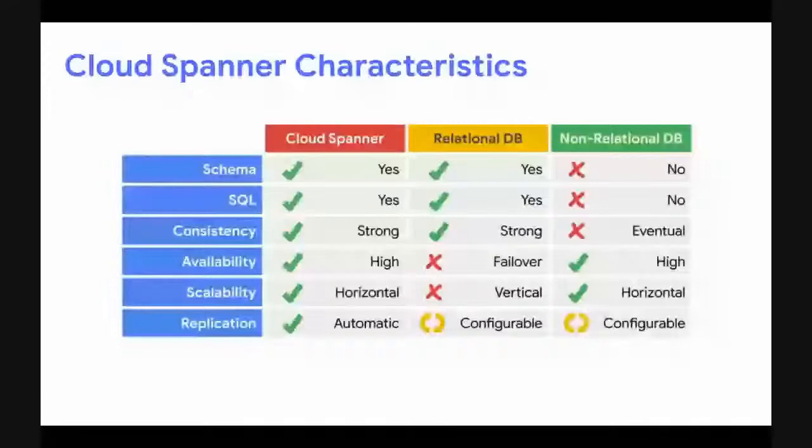As mentioned, Cloud Spanner offers the best of the relational and non-relational worlds. These features allow for mission-critical use cases such as building consistent systems for transactions and inventory management in the financial services and retail industries.